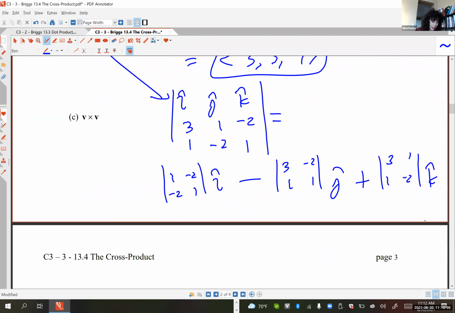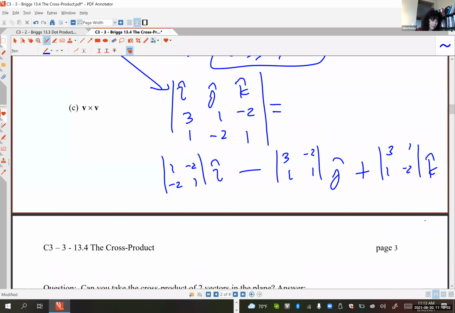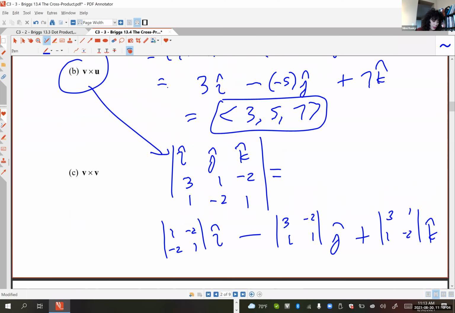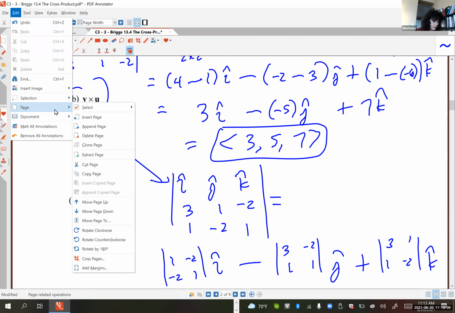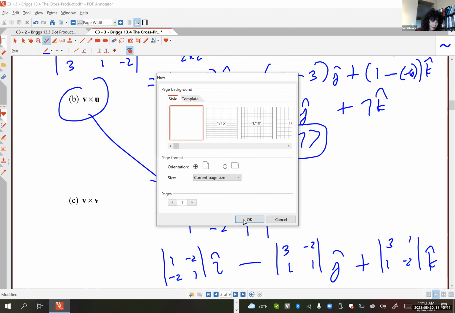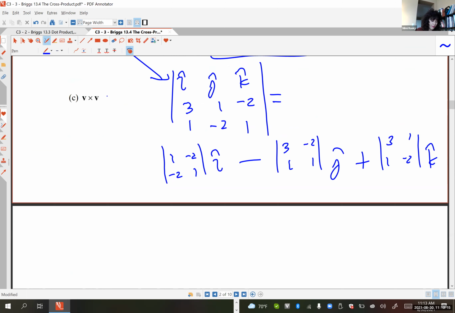And am I running out of room here? I think what I'll do is I'll append a page. Need more room, help. So the first 2 by 2, I get 1 minus -2 times -2.